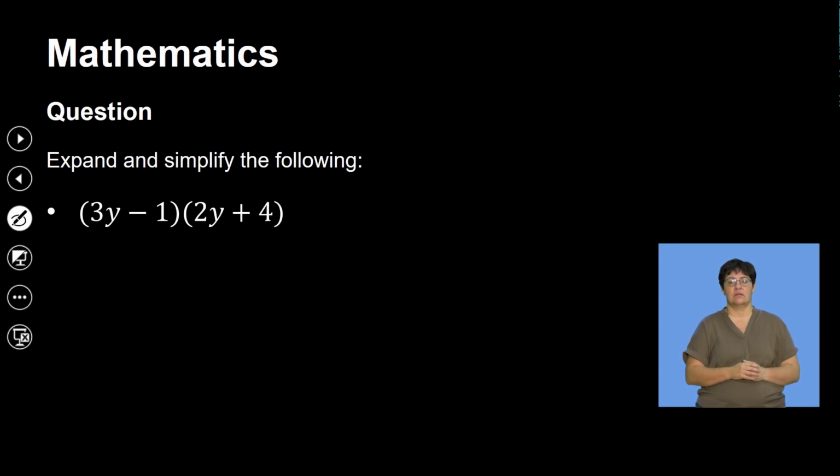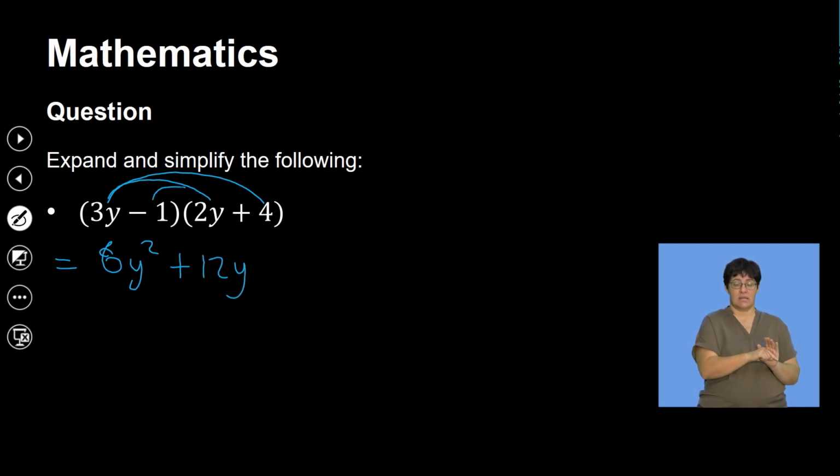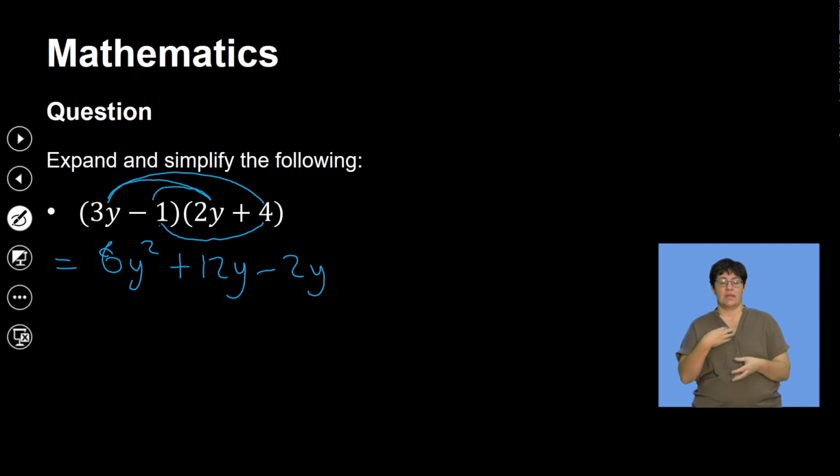The other example we have here is also still a binomial multiplied by a binomial, and I'm just going to go straight to using FOIL here. The 3y and the 2y will give me 6y squared, and then the 3y with the 4 will give me plus 12y, minus 1 and that 2y there will give me minus 2y, and then lastly the minus 1 with the 4 will give me negative 4.